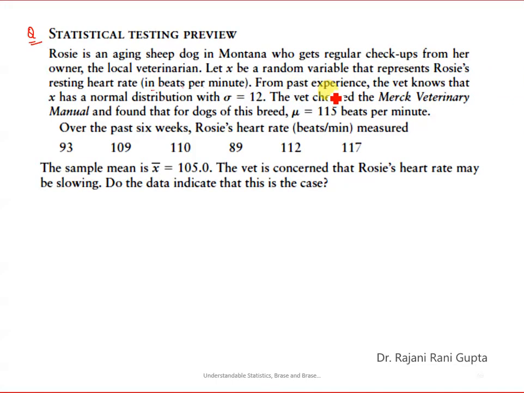From past experience, the vet knows that X has a normal distribution with sigma equal to 12. So this means the standard deviation for the population. The vet checked the Merck veterinary manual and found that for dogs of this breed, mu is 115 beats per minute, so the average heart rate is 115 per minute.